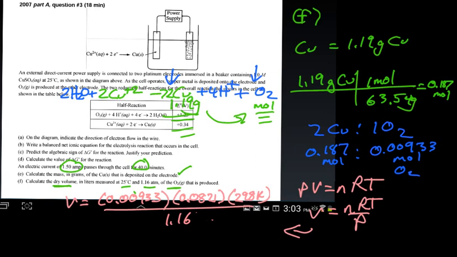So in any case, I scooted everything over, and you notice I have the moles that we calculated earlier. I have R, and you remember we used 0.0821 because that's the one we use in PivNert. I converted the temperature to Kelvin, and we can keep the atmospheres. It was nice of them to do that. And so now we can write down our final answer. So V equals, and it looks like the volume equals 0.197 liters of oxygen.